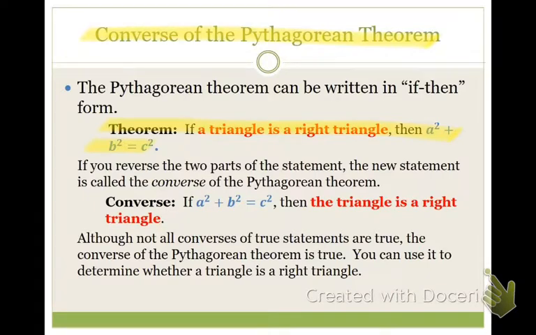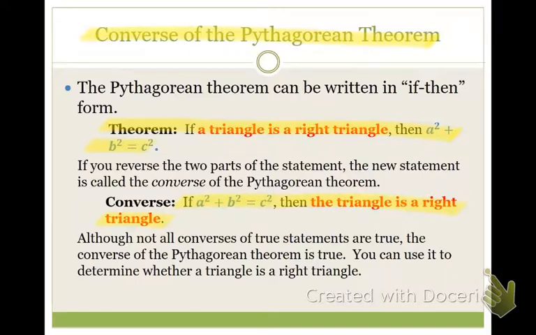So if you reverse those two parts of the statement, you can actually test whether or not a triangle is a right triangle. If a squared plus b squared equals c squared, then the triangle is a right triangle. So what if you didn't have the diagram of the triangle? What if all you had was the lengths of the sides and it said, is it a right triangle?